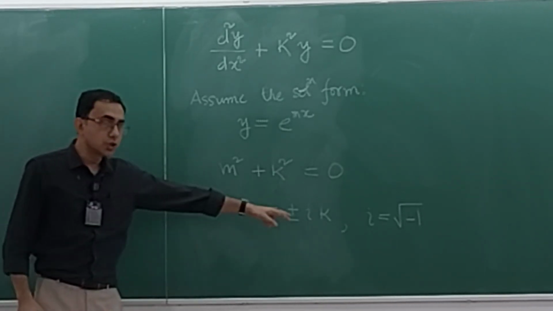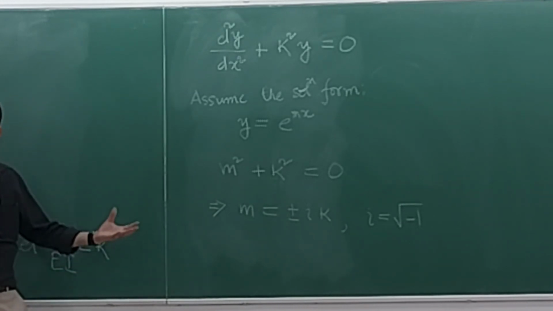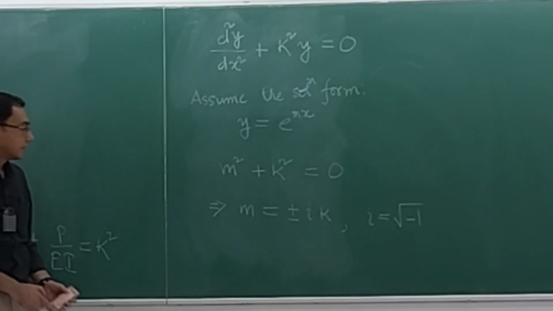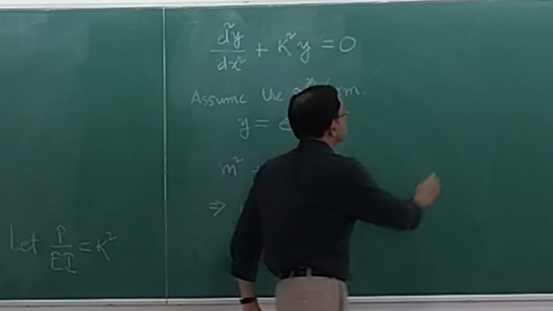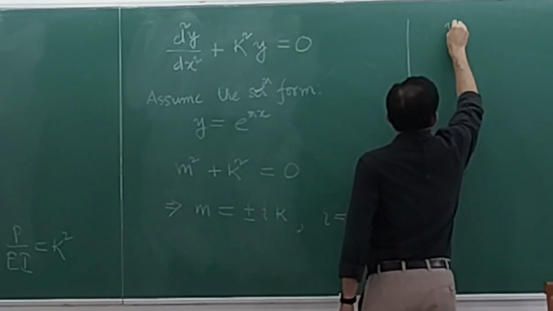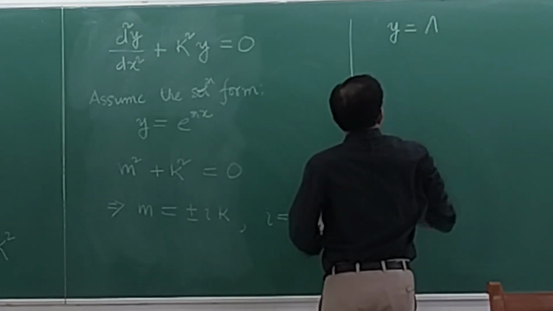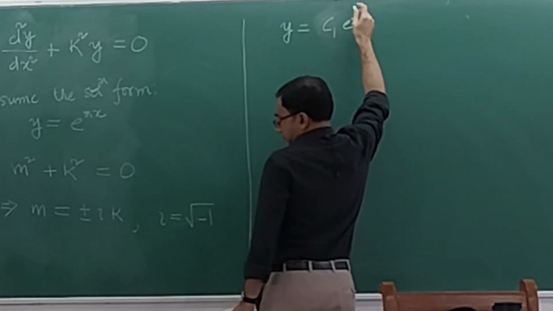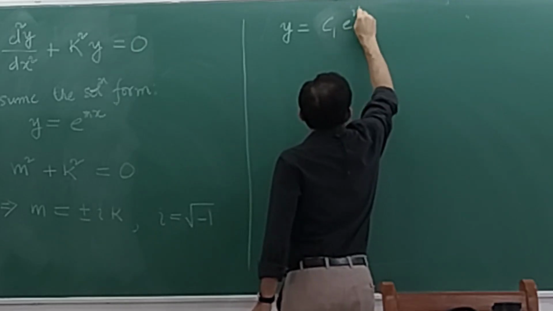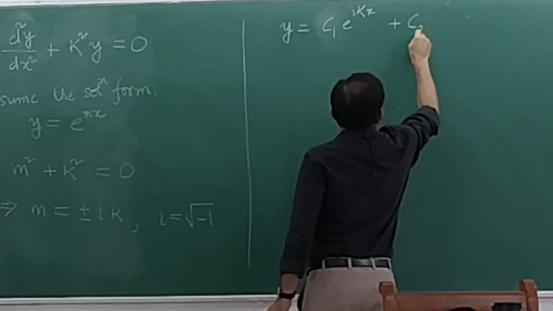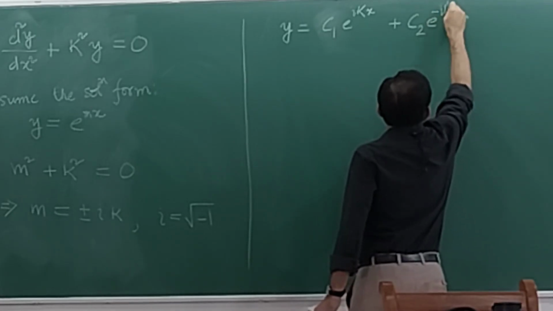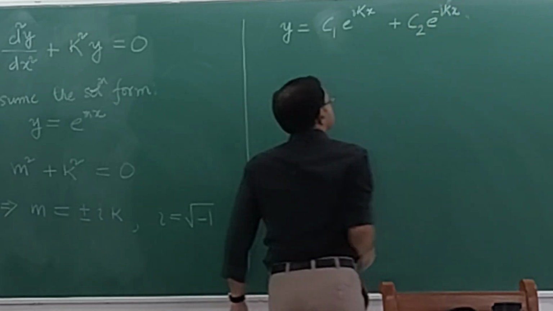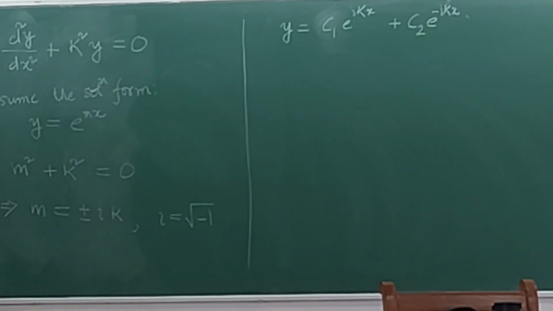Now when you have these two solutions, the final solution will be composed of the contributions of both these things. So right now, we are not in a position to investigate whether the thing is stable, unstable, whatever.